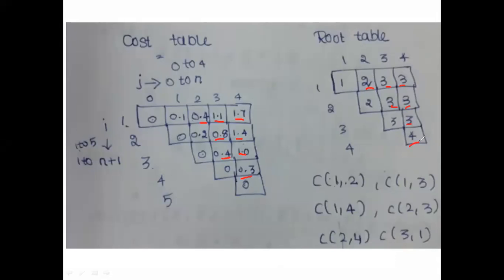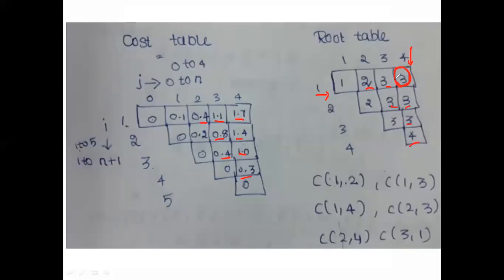Okay. So now what we are going to do: from the root table, the first one and the last, that is first row, last column, 1, 4. For all that problem, the first row, last column, what is the value? 3.